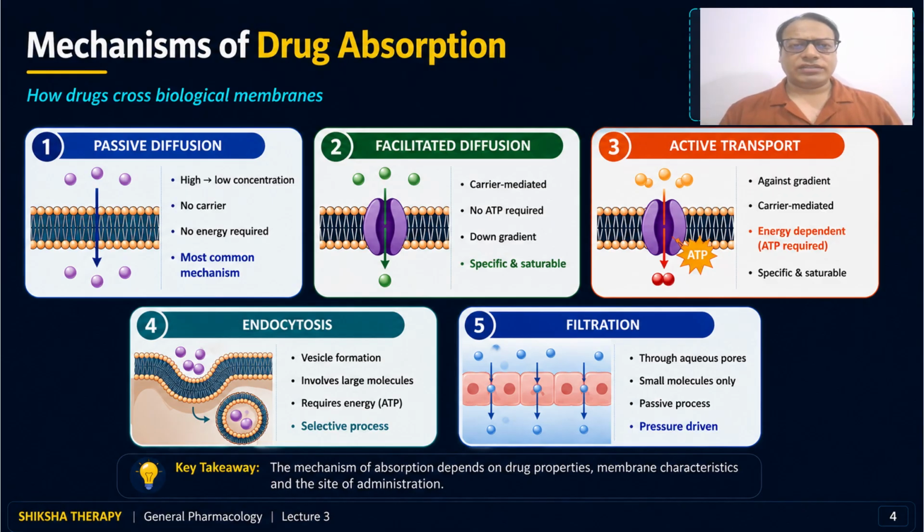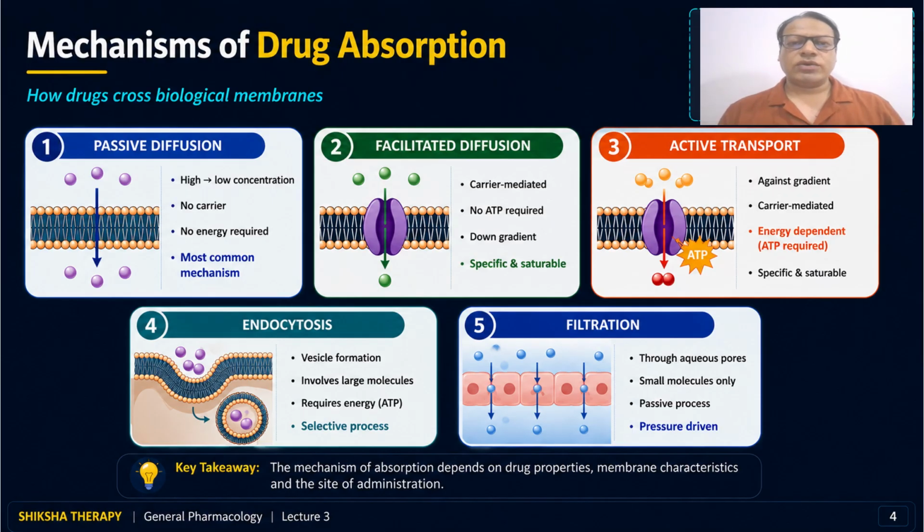Mechanism of drug action. Drug cross biological membrane through different mechanism. The most common mechanism is passive diffusion. Last class में भी हमने discuss करा था इसको. Here the drug moves from higher to lower concentration without using energy. In facilitated diffusion, a carrier is required but no ATP is used. In active transport, the drug can move against the concentration gradient.